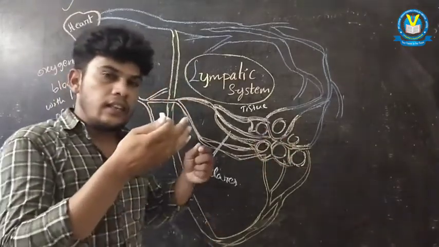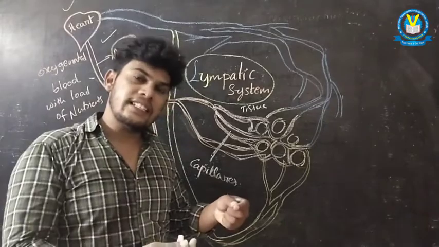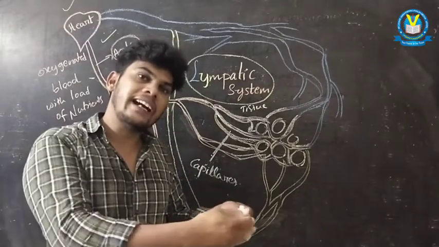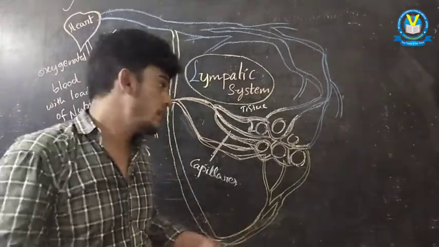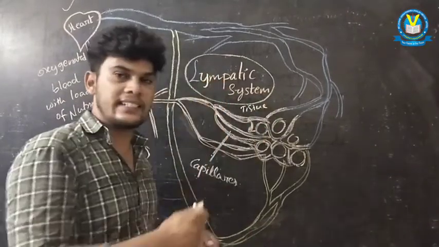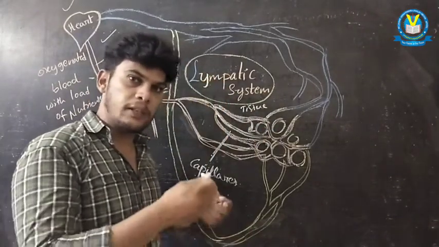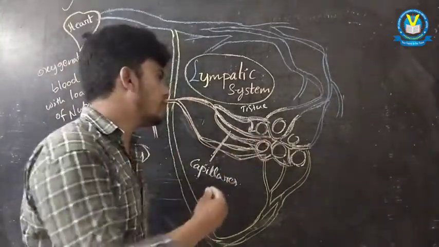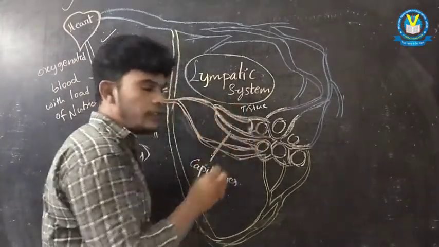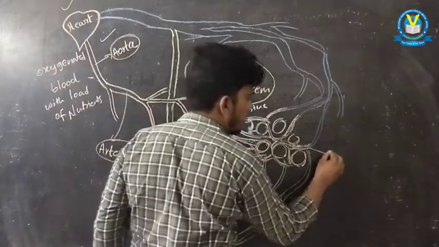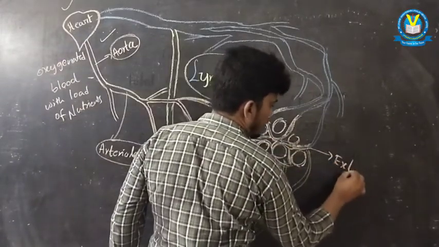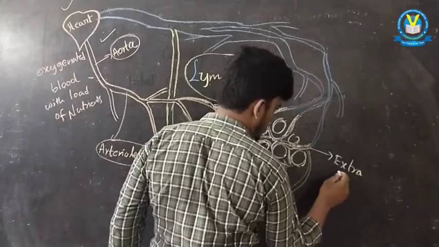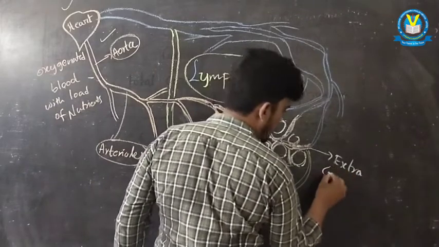The fluid which is diffused, filtered out, means the total blood does not get inside, between the cells. Some fluid is filtered out of the capillaries. That fluid is called extracellular fluid.